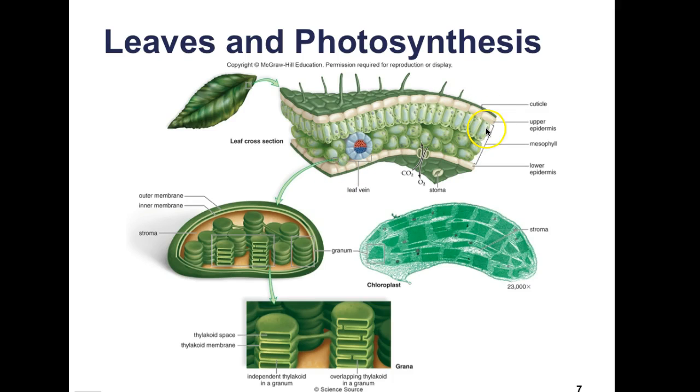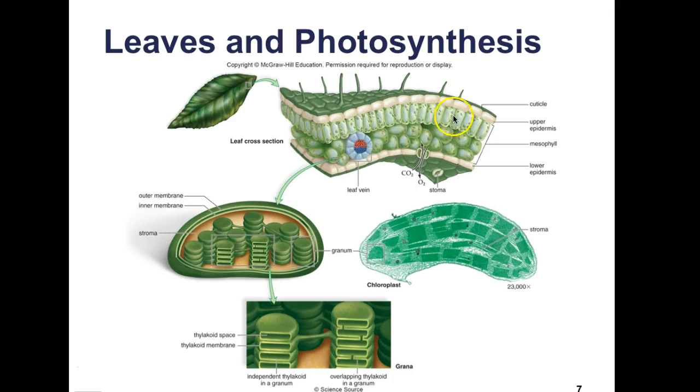And then at right angles to the upper epidermis are these cells called the palisade, palisade mesophyll cells. And then below that you have what you would refer to as the spongy mesophyll.